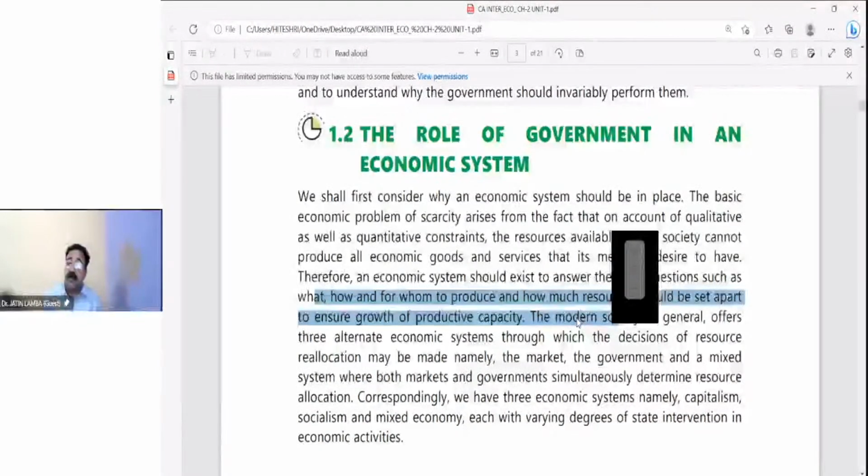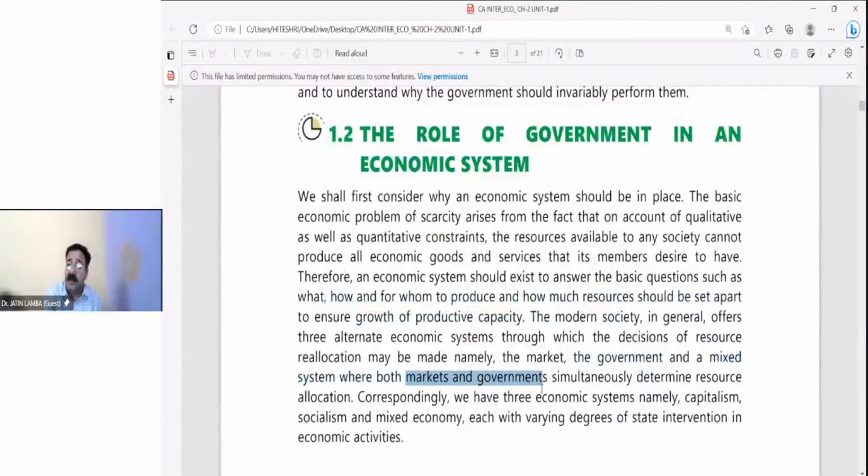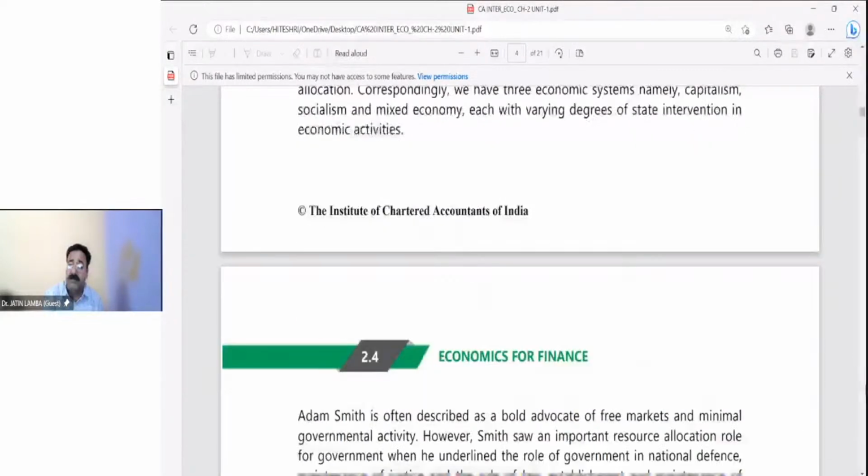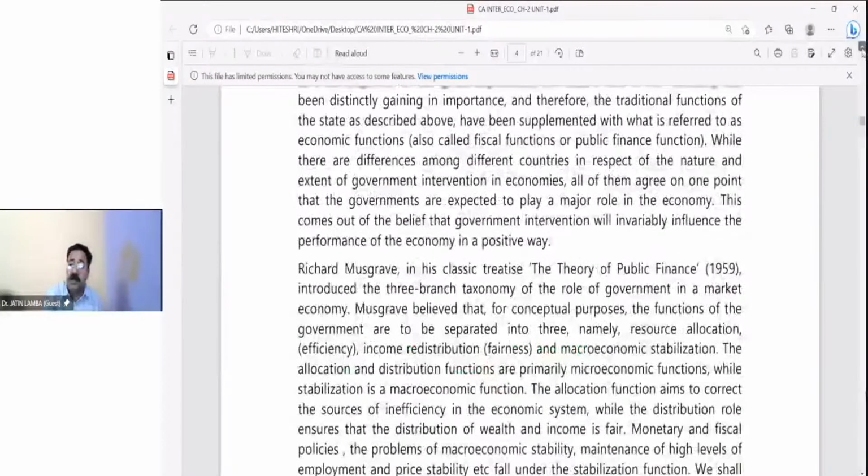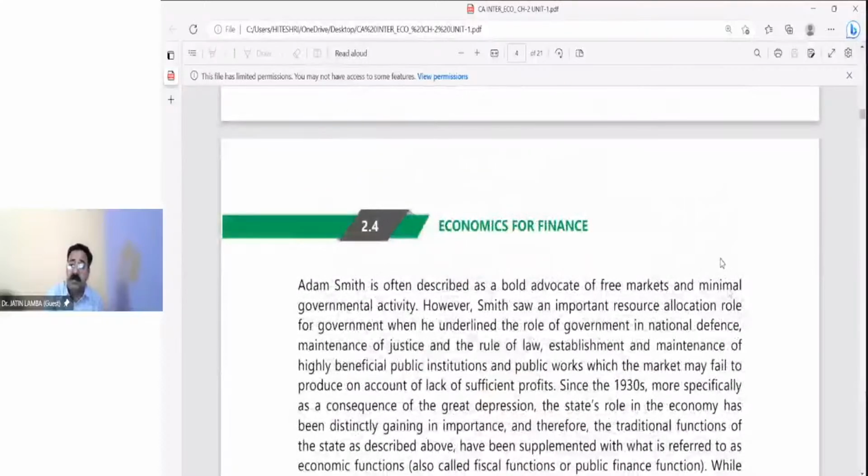Or a capitalist economy where all the resources are under the control of the private sector, or a mixed economy where both free market forces and government simultaneously work, right? So first of all, any government, any country, any society has to make a decision whether it should follow the socialist, capitalist, or mixed economic system. Is it clear?